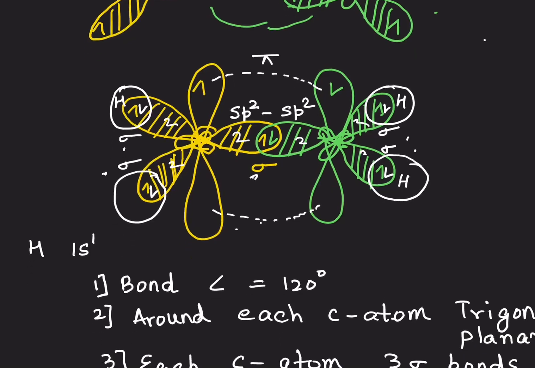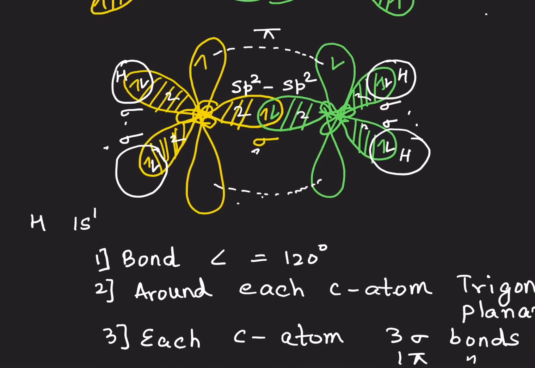Here, just for representation, I have used colors in order to help you to differentiate in your pen, and that does not mean that the orbitals of the 2 carbon atoms are any different from each other or the electrons are any different of the 2 atoms. They are all the same. It is just a representation just to make it more clear.